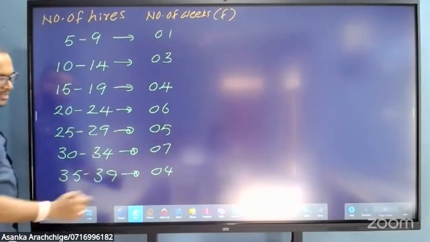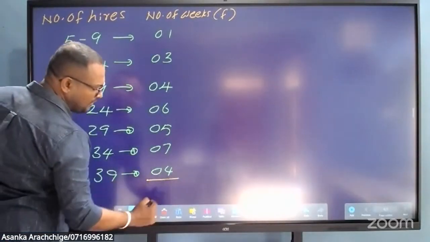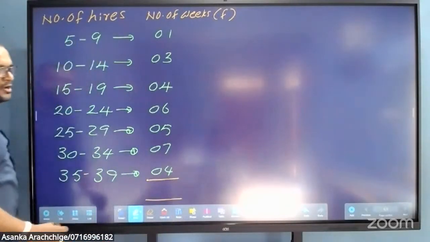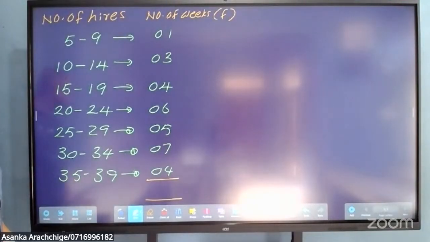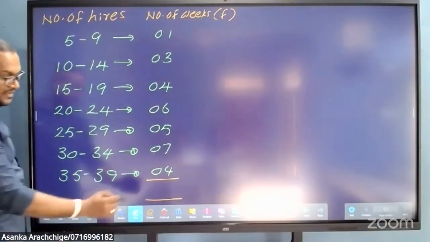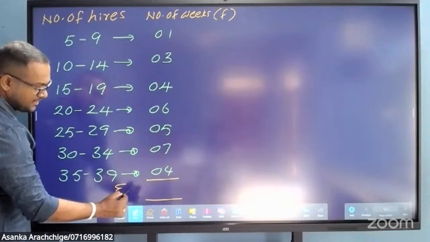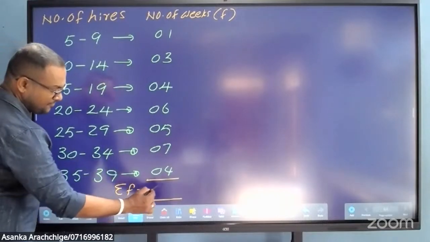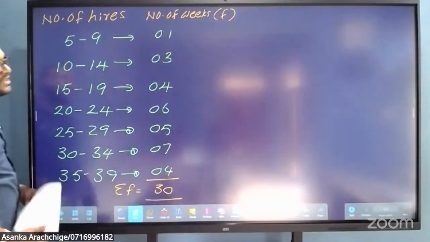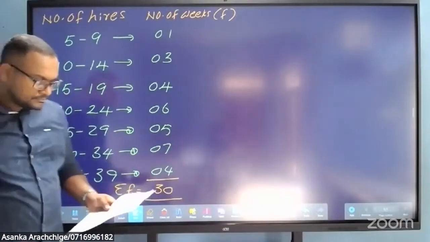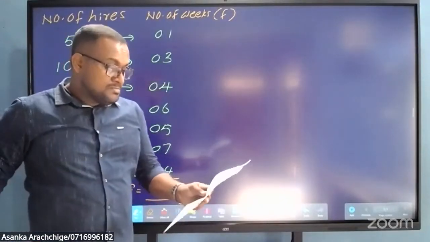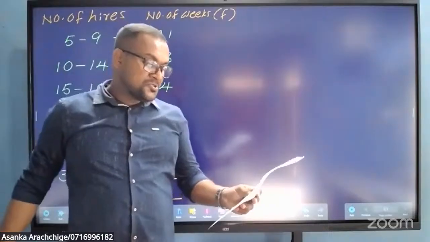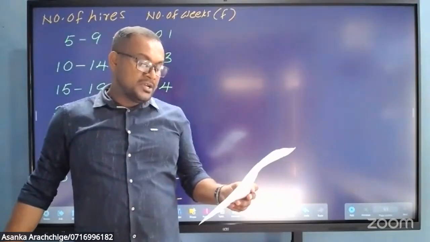Right. Now tell me, what is the total number of weeks according to this information? 30 weeks. This is sigma f. Sigma f is 30. So, find the mean number of times the three-wheeler was hired a week.